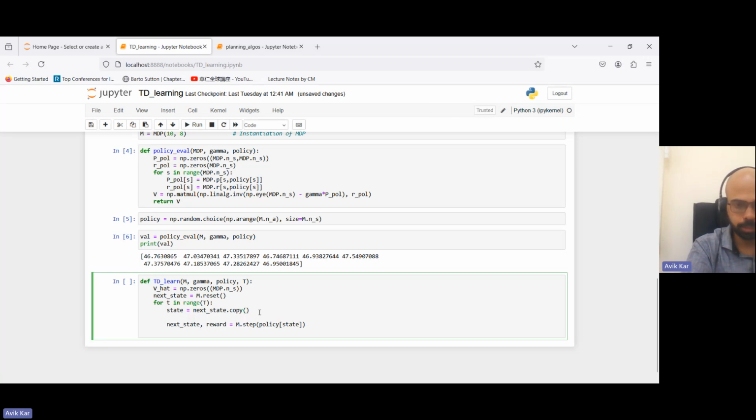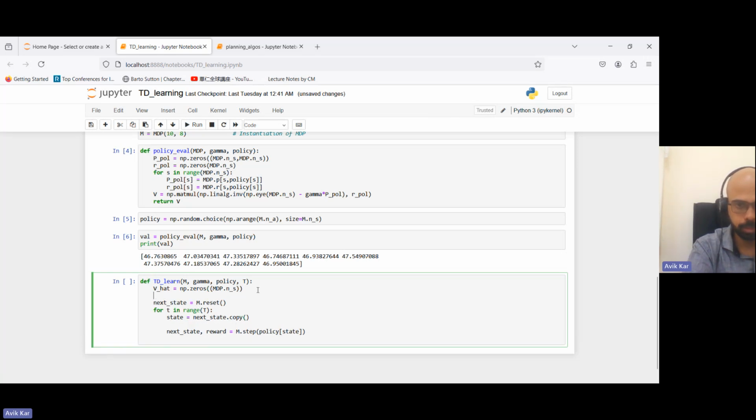So let us update the count. It's n, the count of how many times the state is visited. Initialize it with 0, and n of state plus equals 1. Whenever a state is visited, you increment it by 1. That's all you need.